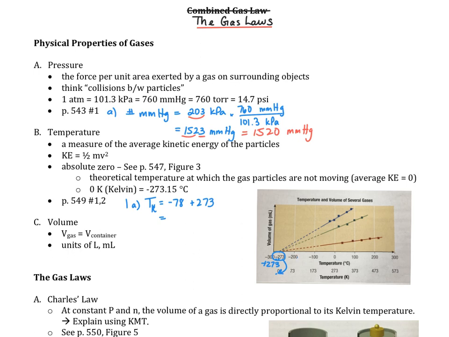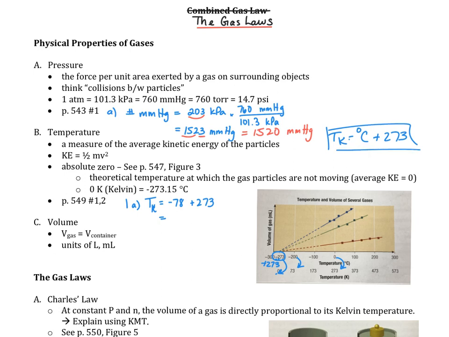Same thing here, negative 200 plus 273 would get you to positive 73. 0 plus 273 would get you to 273. And so to change from degrees Celsius to Kelvin temperature, you add 273. And so that's how we will find the temperature in Kelvin.